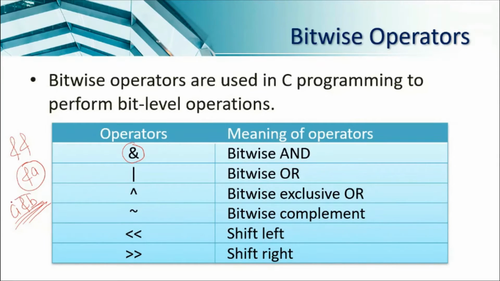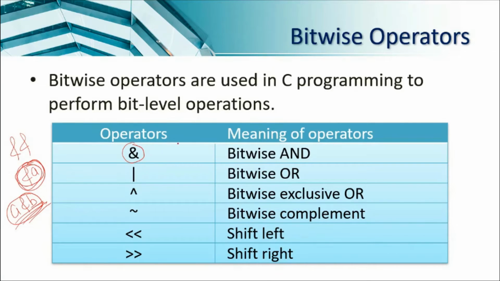Here there are 2 operands, and here there is only 1 operand. When there is only 1 operand, the operation is known as a unary operation. So in 2 operands, A and B means the bitwise and of A and B. This represents the address of A, which we will see later, the address of operator.